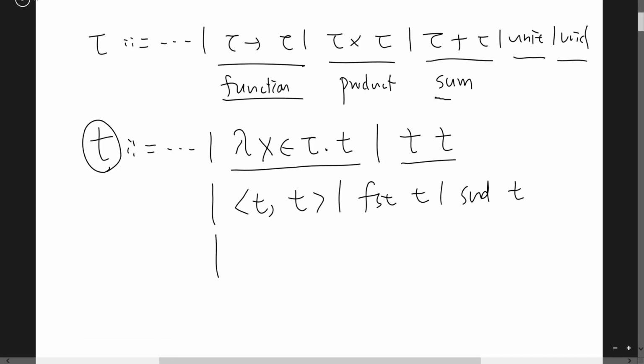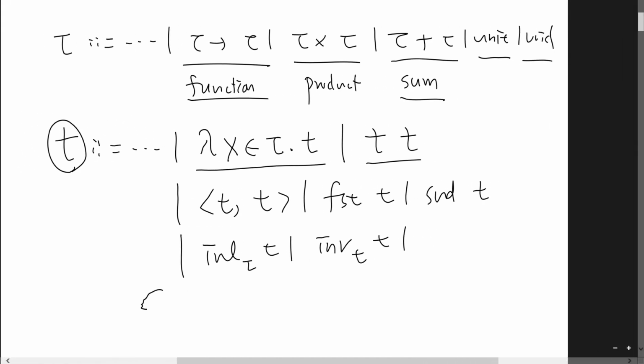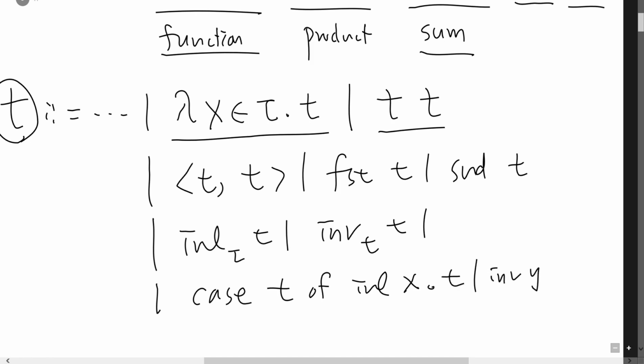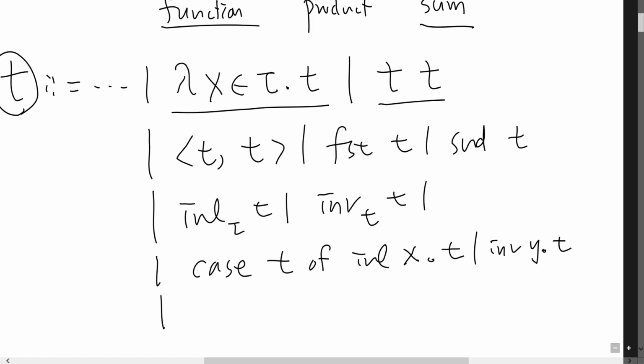And for this sum type, we have injection left, and we have injection right, and we also have this case construct, case p of in left x of t or in right y of t. And finally, we have this unit term and abort term.